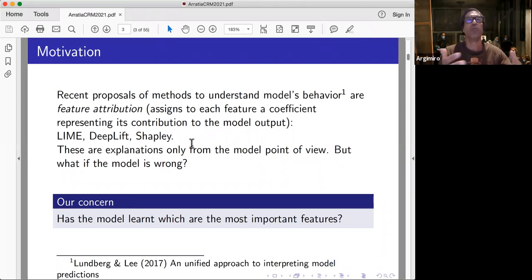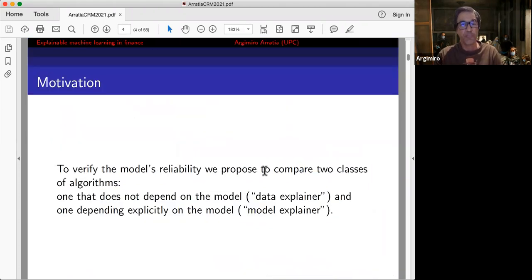Typically one can do correlation analysis or principal component analysis to see which of these could be more influential before applying our model. This is what I will call a data explainer kind of algorithm, right? And the ones that we use after we have applied the model, we'll call model explainers, right?